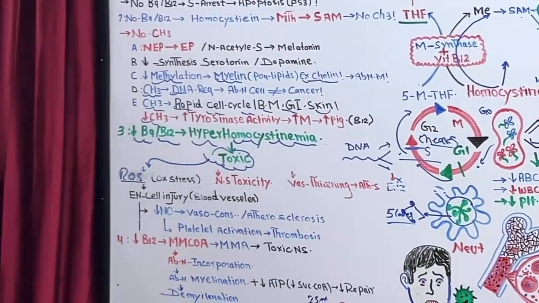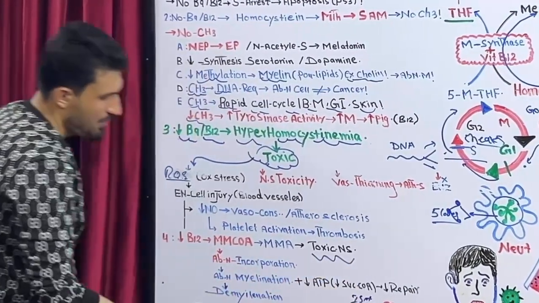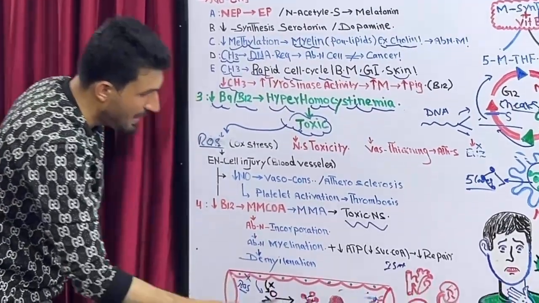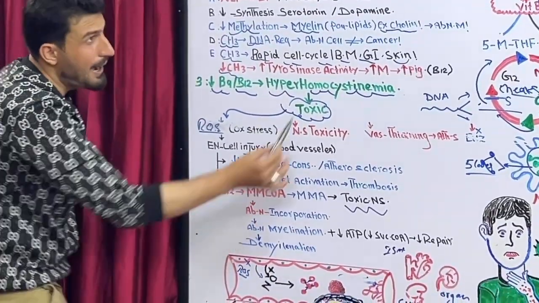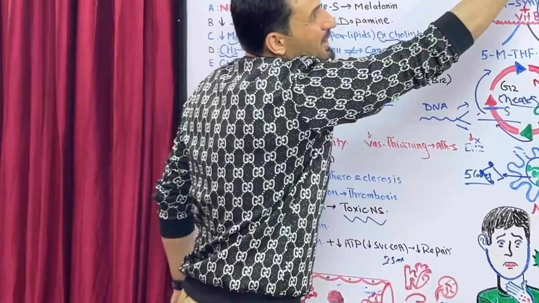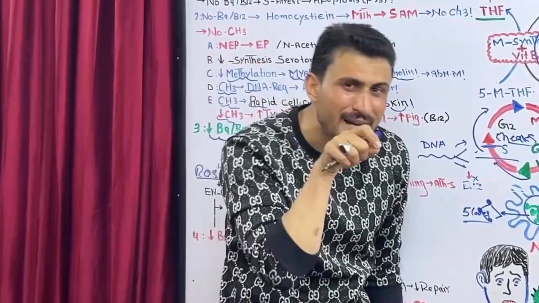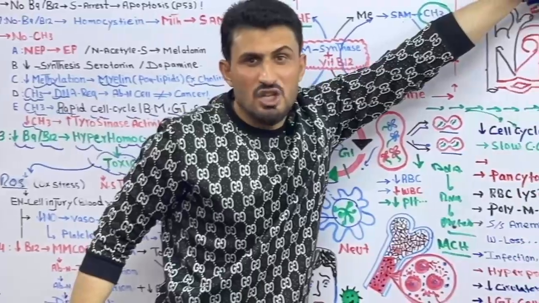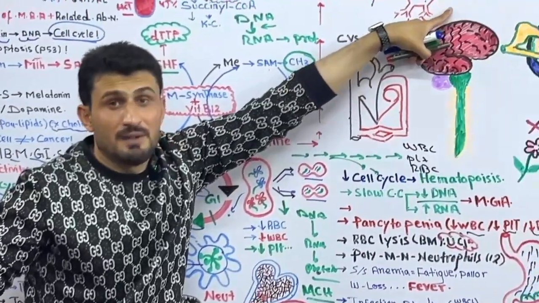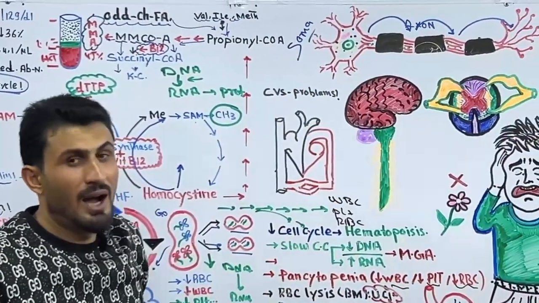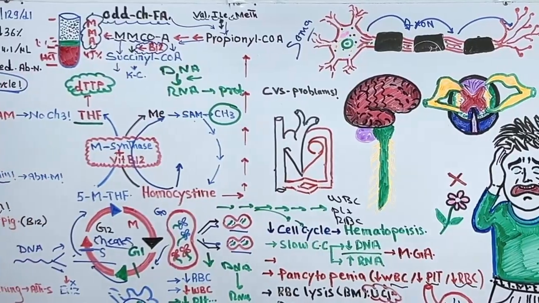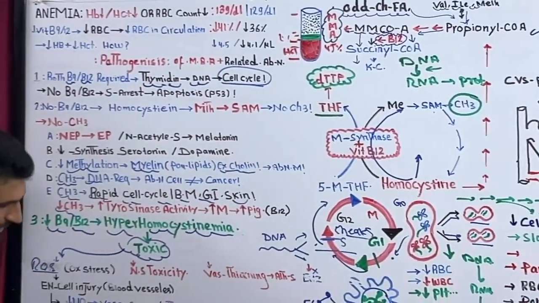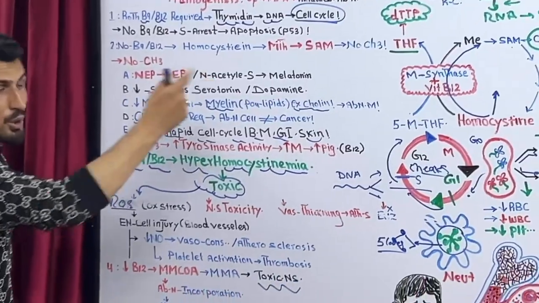It is toxic for the nervous system, and for example for connective tissue, and this abnormal methylmalonyl CoA also gets incorporated in the synthesis of an abnormal myelin sheath. So now instead of a normal myelin sheath, I'll have an abnormal myelin sheath, and this is not good for me, and it causes demyelination of neurons.